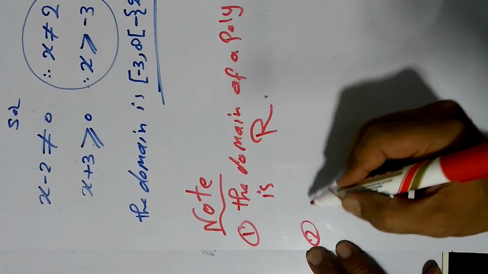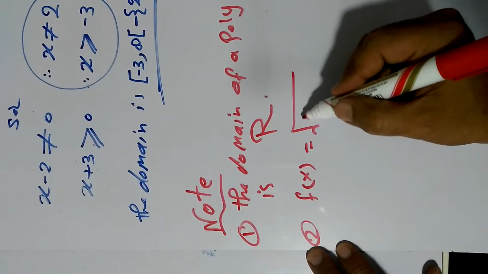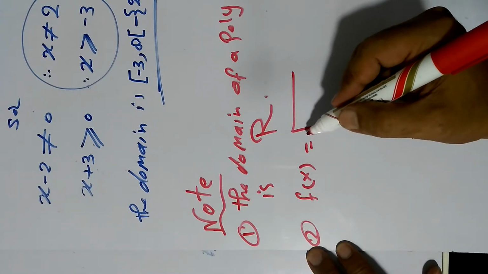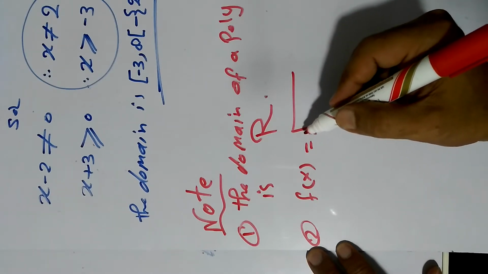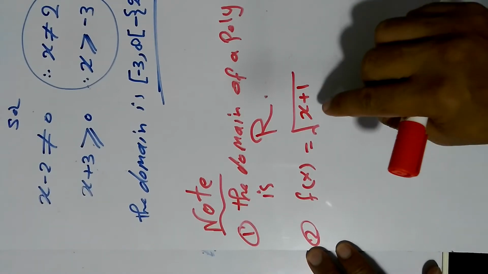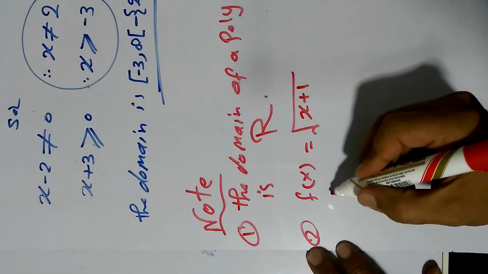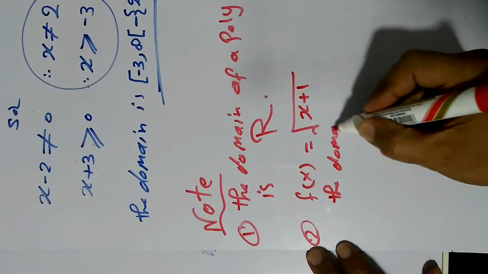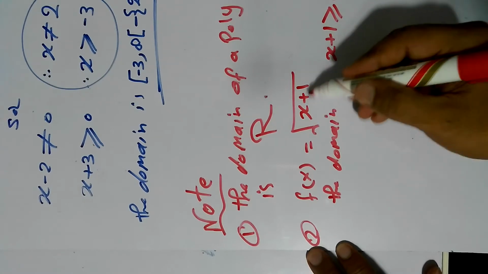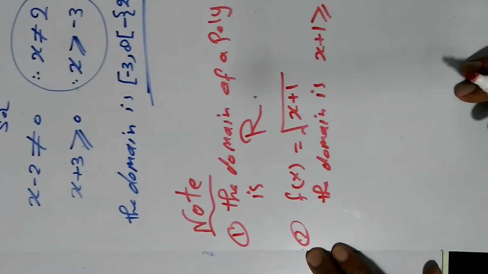Number 2, the domain of the root function, if it's a square root or fourth root or sixth root or eighth root, if the index of the root is even, then whatever is under the root must be greater than or equal to 0. So the domain is x plus 1 greater than or equal to 0, whatever is in here. If it's x plus 1, x plus 4, x plus 5.